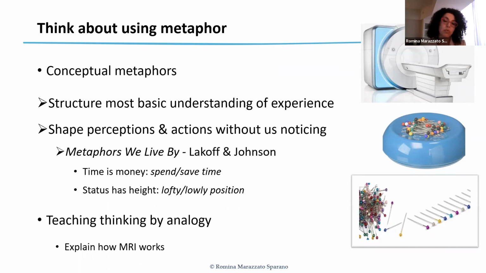For instance, this is an example where I used a pin cushion, a magnetic pin cushion, to explain how an MRI works and the fact that it aligns some molecules that are kind of like pins.